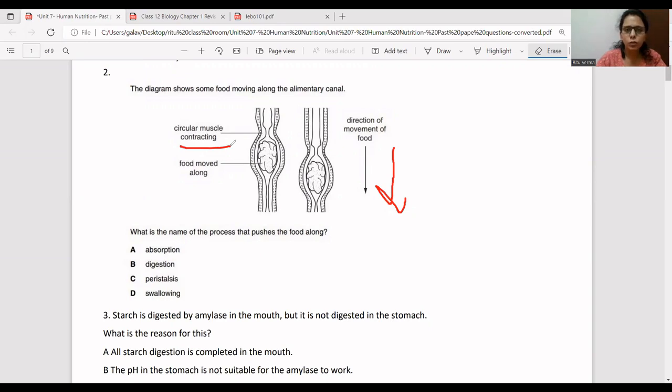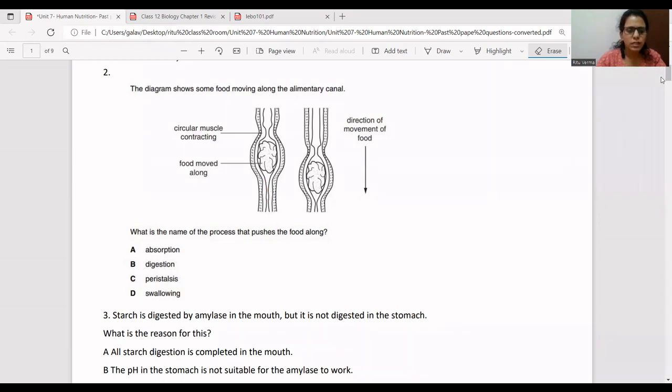These muscles contract and relax alternately and help in the movement of the bolus of food down the alimentary canal. What is this process known as? The options are absorption, digestion, peristalsis and swallowing. We have already studied this, and the correct answer for question 2 is option C, peristalsis.